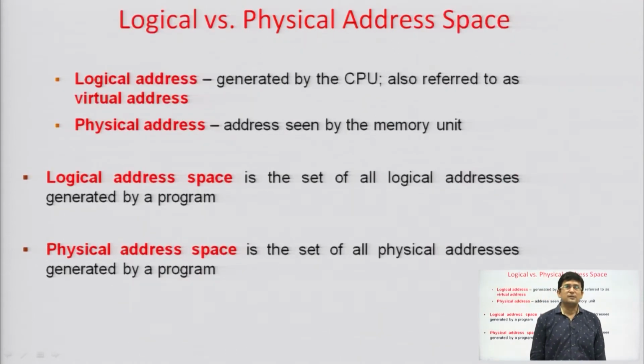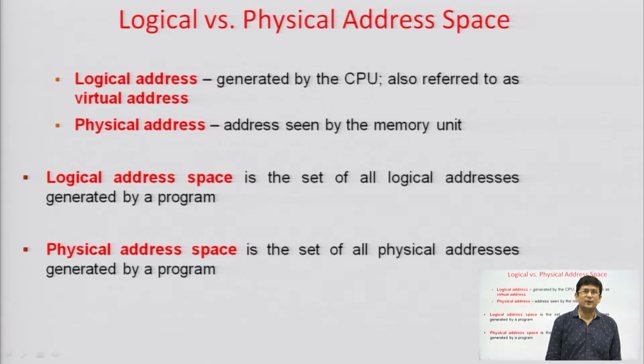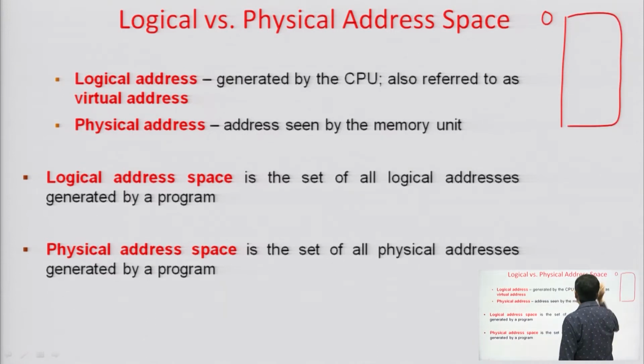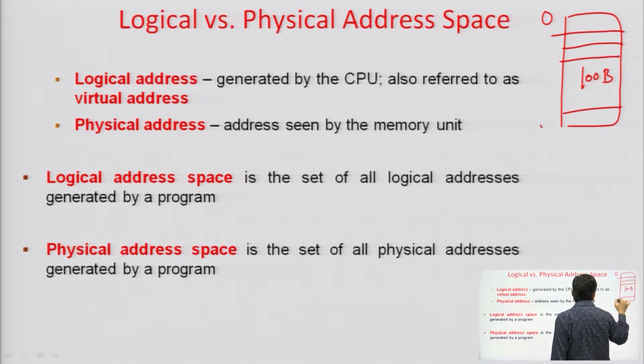Now, we have also discussed the logical and the physical address. Let us have a quick recap. Whenever the CPU is referring to any instruction, the CPU will think that the addresses start from 0. Let us say the size of your process is 100 bytes. So, the addresses will range from 0 to 99. 0 is the smallest address and 99 is the highest address.